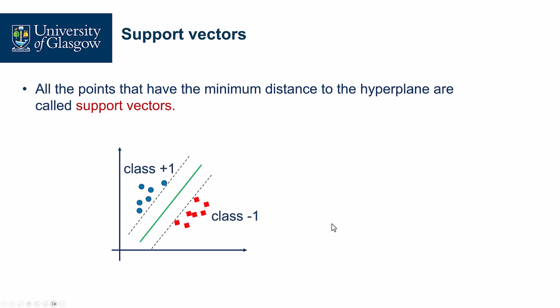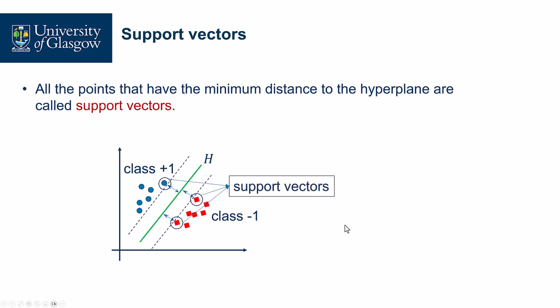We first draw the boundary, and we can see those with the minimum distance are here, here, and here, right? These have the smallest distance to the hyperplane, and we call them the support vectors.